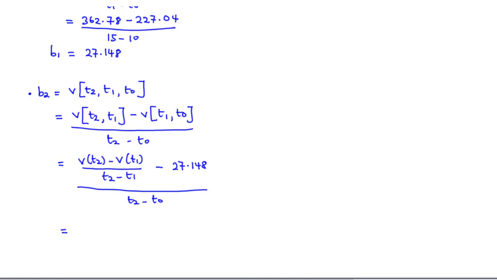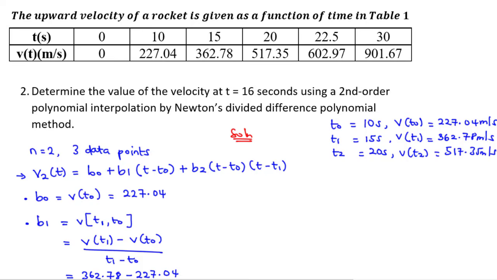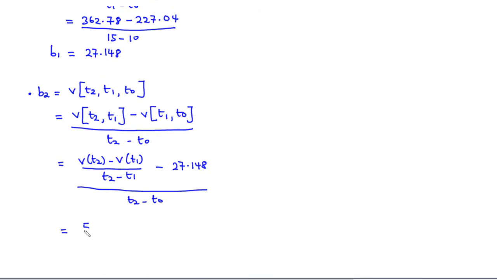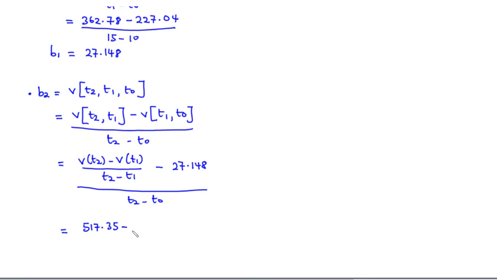So from here we have v of t2, that is 517.35, minus v of t1, 362.78, all divided by 20 minus 15, minus 27.148, all divided by 20 minus 10.